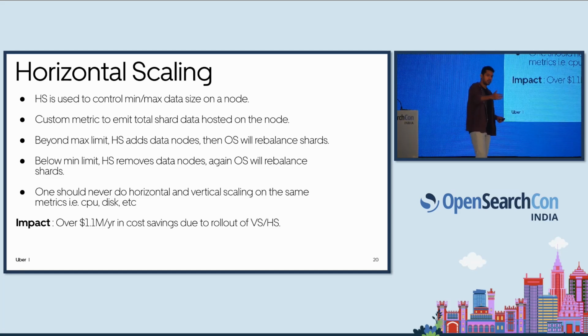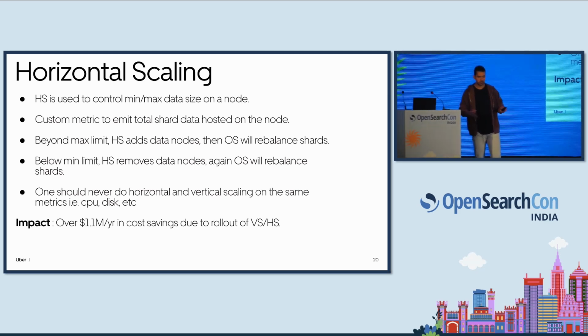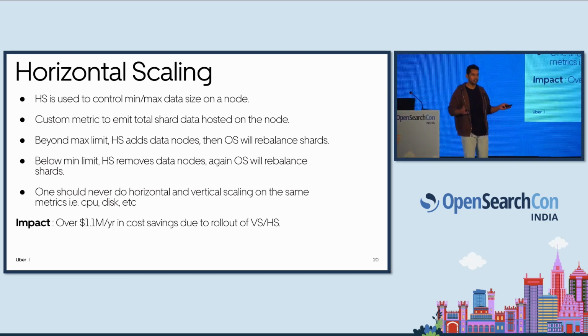Beyond the maximum data size on a node, we will add another node with the average data size of the rest of the cluster, and again let OpenSearch move these shards. So horizontal scaling and vertical scaling work together to make sure that we are not always highly over-provisioned to handle all of our peak traffic, while also making sure that there are no performance degradations for any normal increases in traffic.